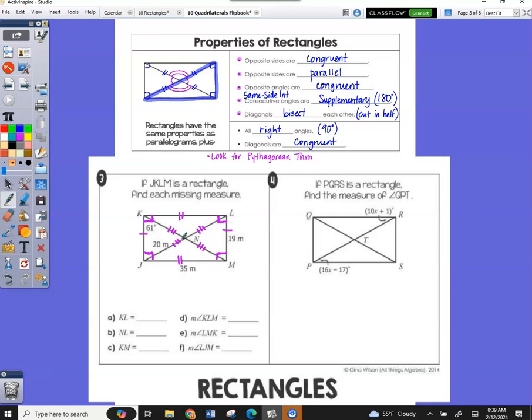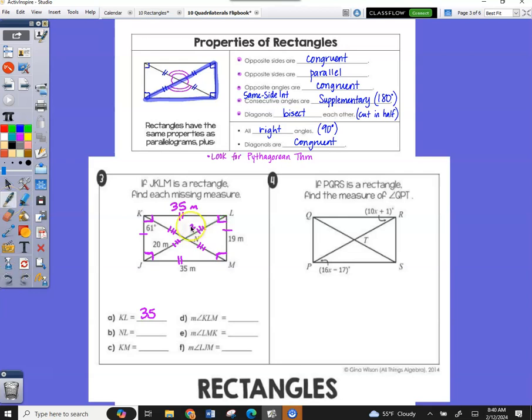Okay, it says find KL. What would it be? 35. As you find it, label it. Now it says find NL. It would be 20 because it's congruent to the other part of the diagonal that we know.